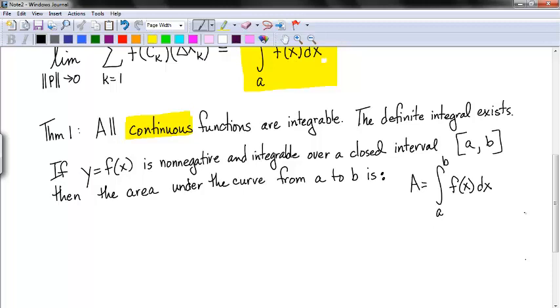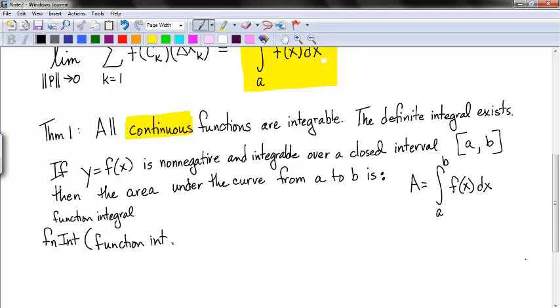If you went to look this up in the calculator manual, it's the function integral, like that.